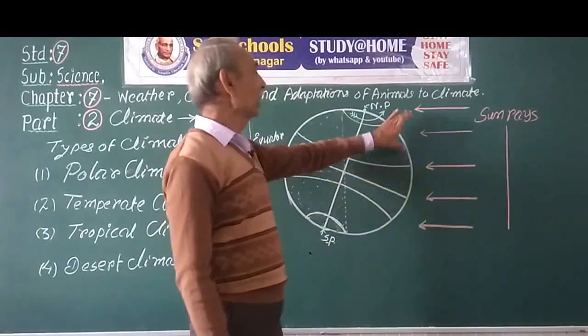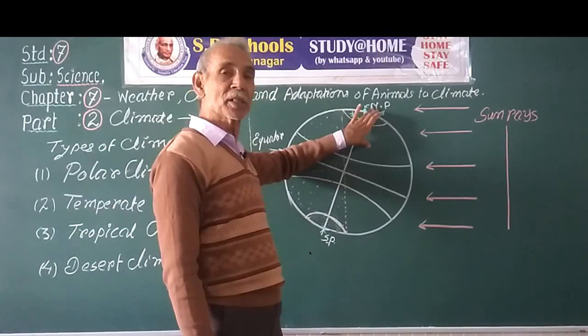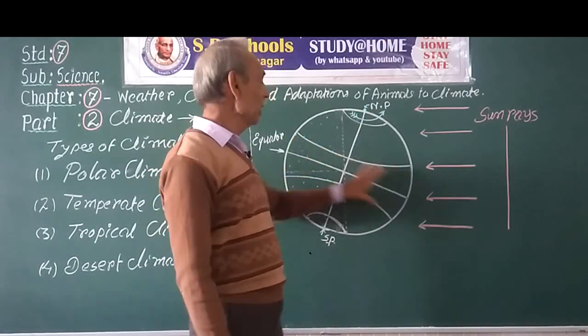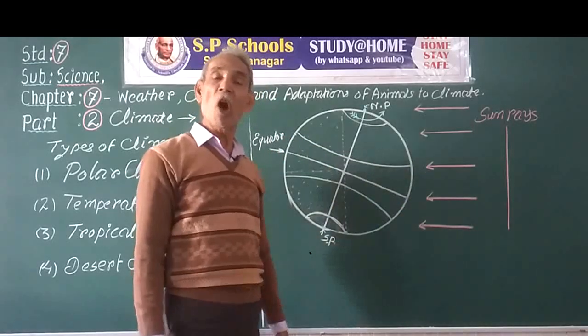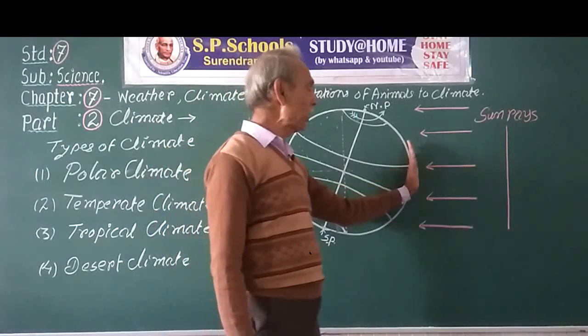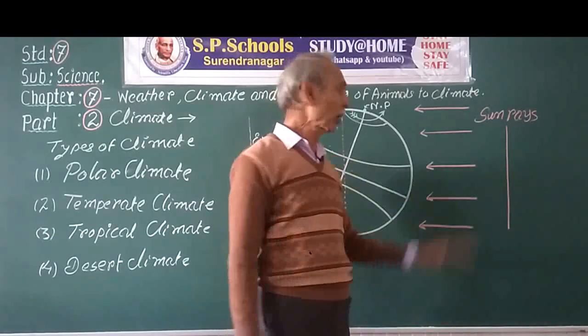So the sun rays in polar regions are slanting. Sun rays in the middle region, which we call the equatorial region of the earth, are mostly perpendicular to the surface of the earth, not very slanting.